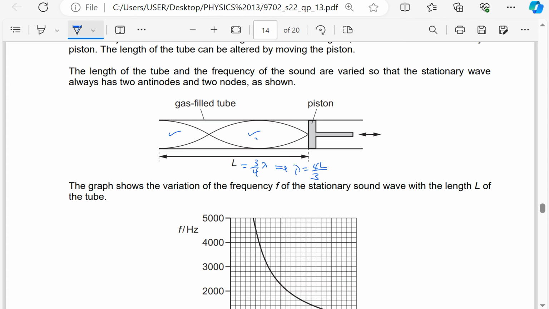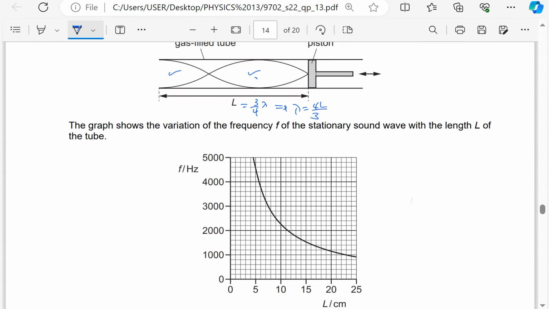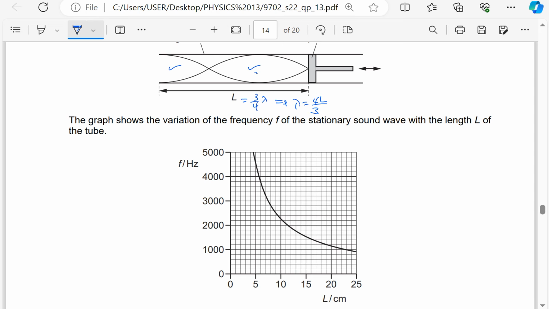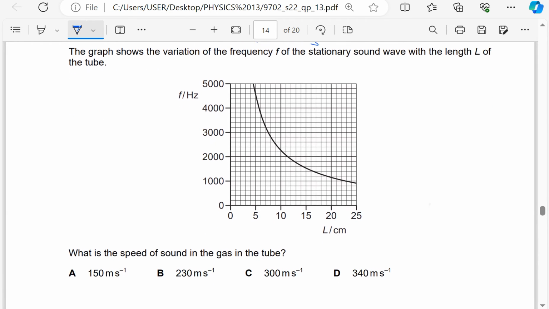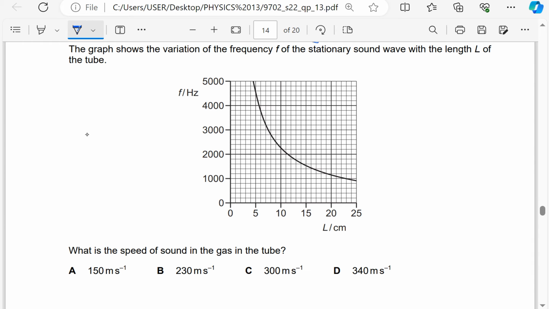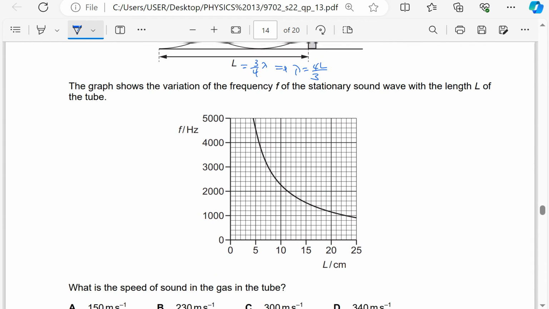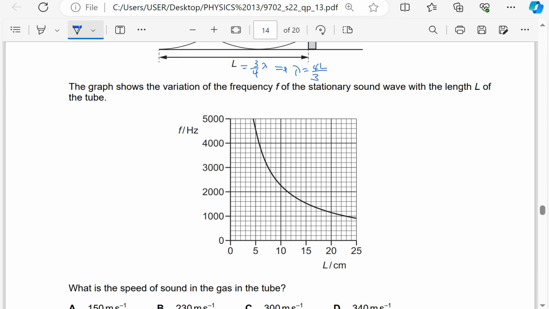The graph shows the variation of the frequency f of the stationary sound wave with the length L of the tube. Okay. What is the speed of sound in the gas in the tube? So I'm just going to choose a favorable number here that I'll use for my calculation from the graph.